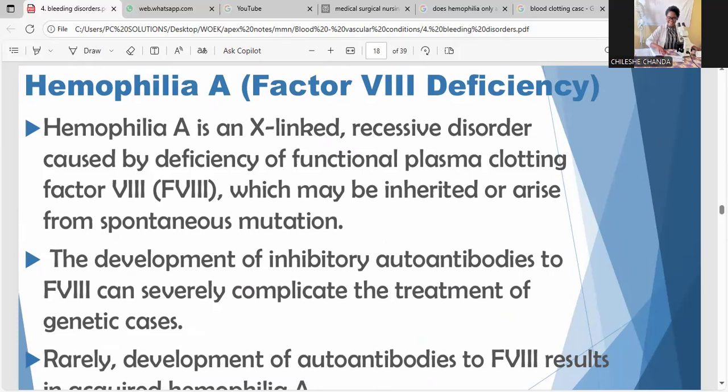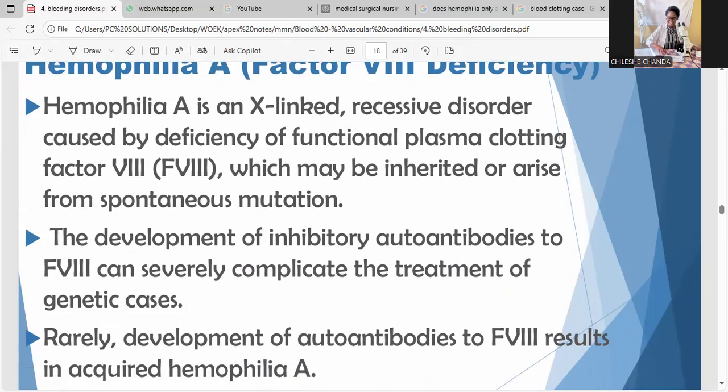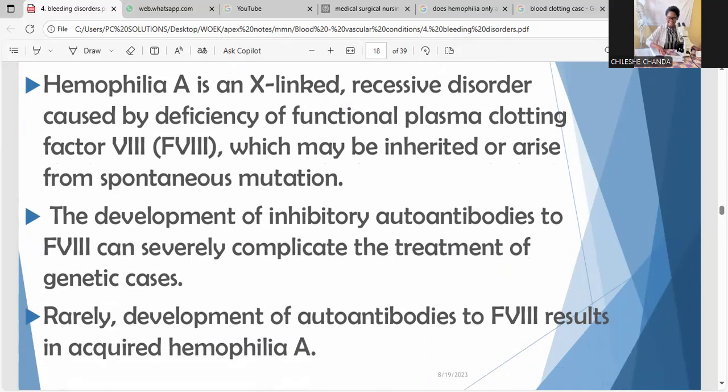Hemophilia A is caused by deficiency of functional plasma clotting factor 8. This one can be inherited or arise from spontaneous mutation. Now, when you say it is X-linked, remember that males have XY chromosomes and females have XX chromosomes.